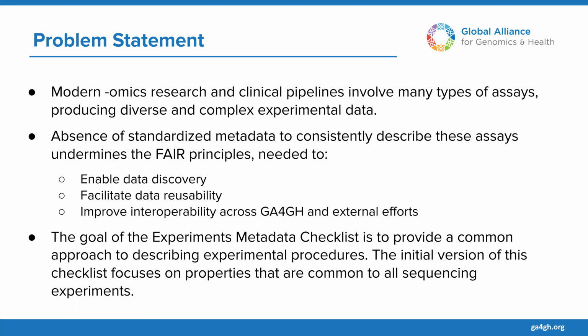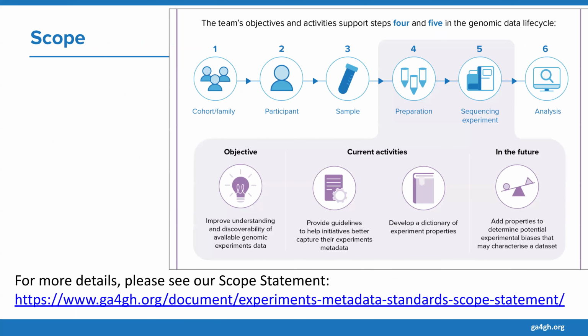Really, properties that characterize data from any type of experiment run on a sequencing platform. So we have a scope statement that we have prepared. I include the link here. It describes well for this version 1 product that we're submitting, what we are aiming to do and what we are not aiming to do.